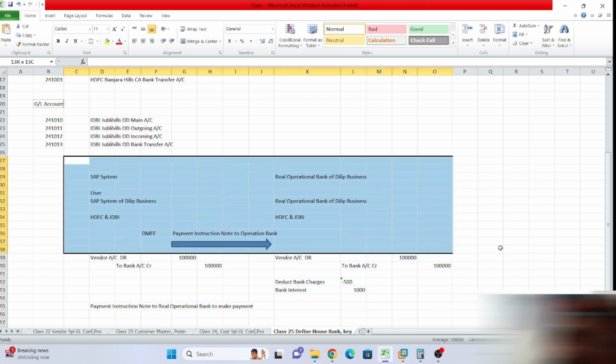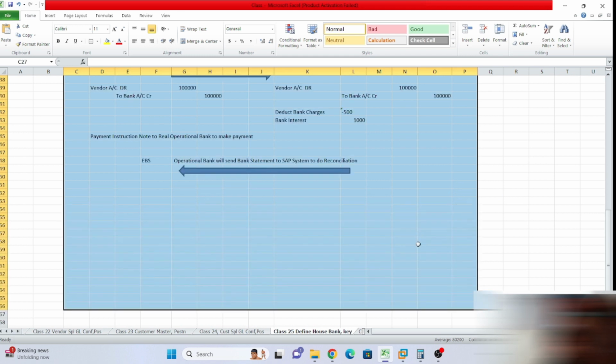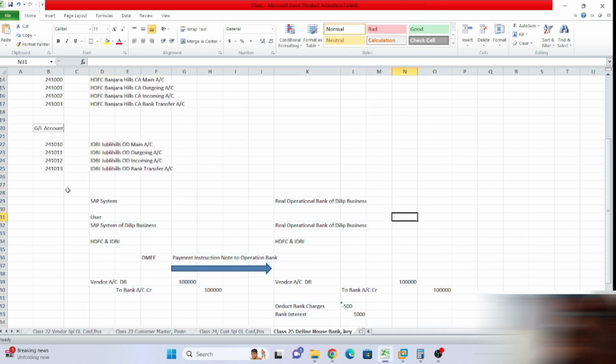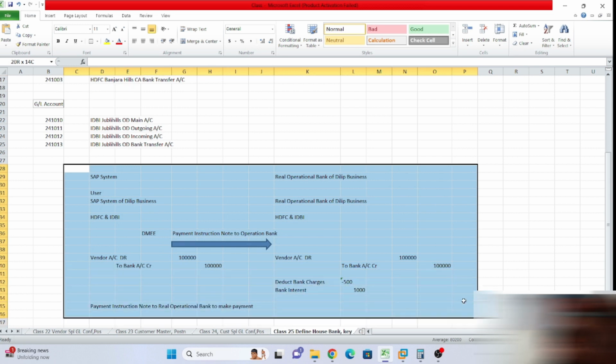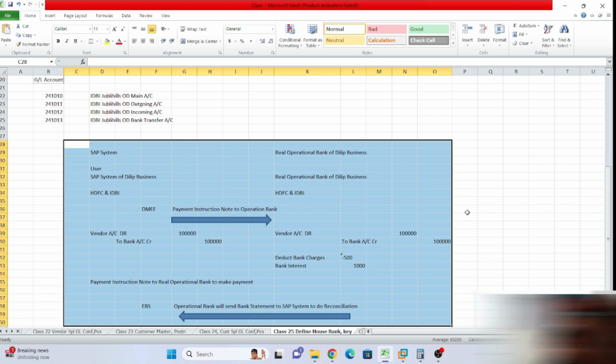In interviews they ask: when we make payment, does the amount get deducted from our bank account? What do we need to answer? In interviews they will try to confuse. When we make payment to a vendor, is the amount deducted from the bank account?